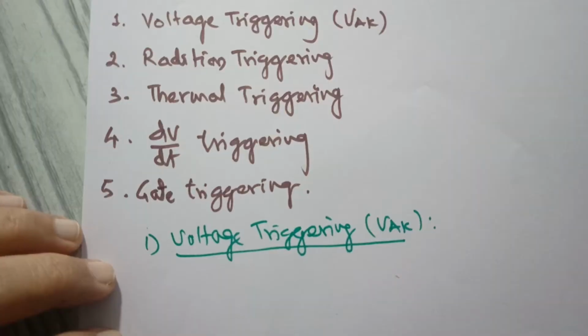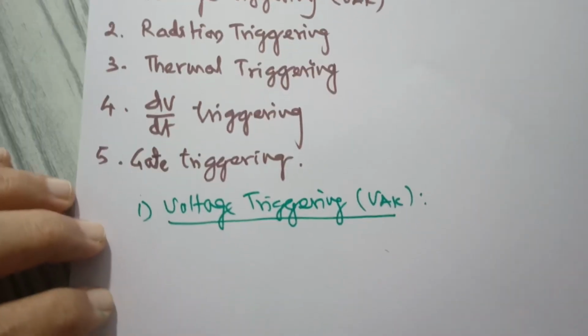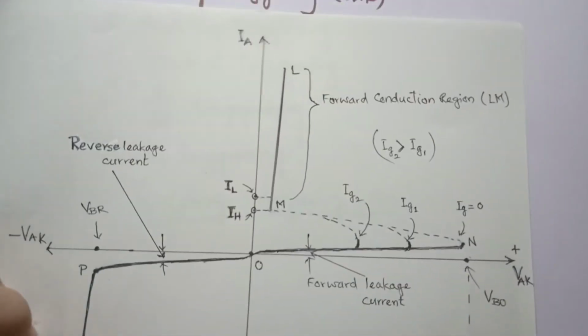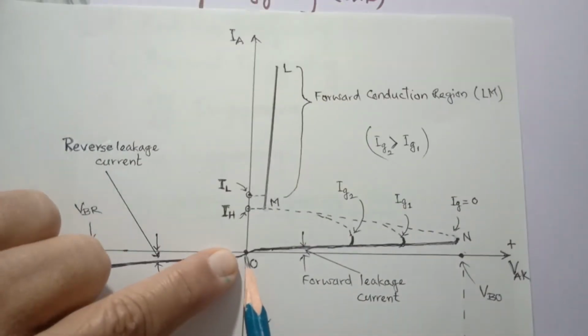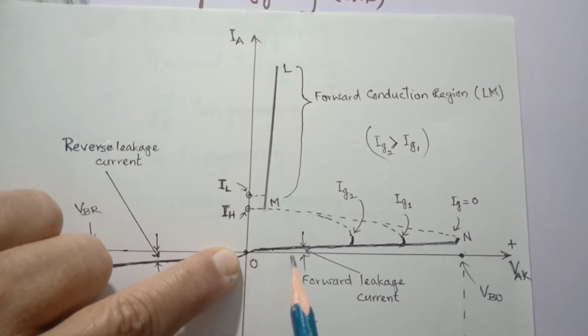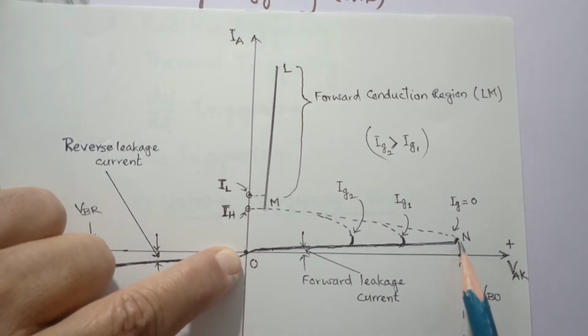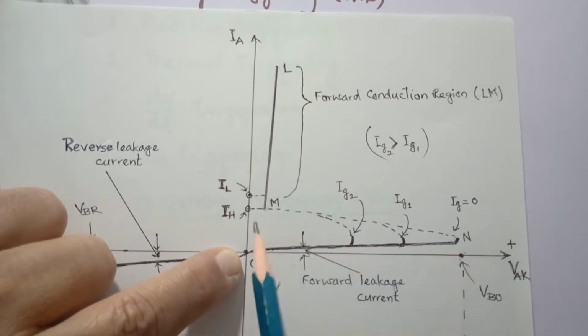We have seen in the characteristic of SCR that when the SCR is forward biased and its anode voltage reaches a specific value, we call it the breakover voltage. Then because of the alpha 1 plus alpha 2 condition, suddenly the SCR turns on.